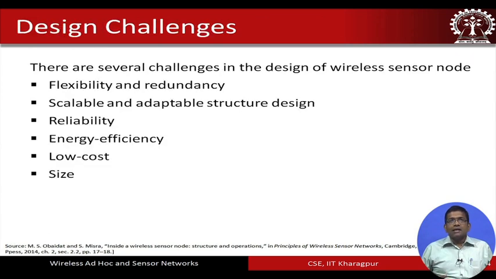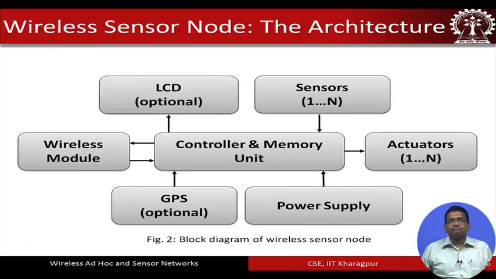So, the main design challenge is how to design the sensor node to make it flexible and support redundancy. Redundancy is a feature of sensor networks. How do you design a sensor node that takes care of these attributes, scalability, adapts to the structural design, is reliable, energy efficient, low cost and as small in size as possible.